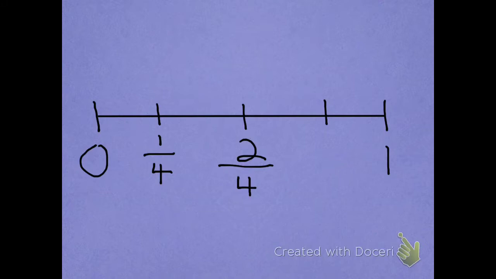If I want to find this missing number on a number line, first I just need to see how many spaces there are between 0 and 1. So I would count 1, 2, 3, 4. There's 4 spaces out of one whole, so I know my denominator is going to be 4 because it's going to be out of 4 spaces. And the bottom number, the denominator, always tells me how many parts of the whole. So there's 4 parts.